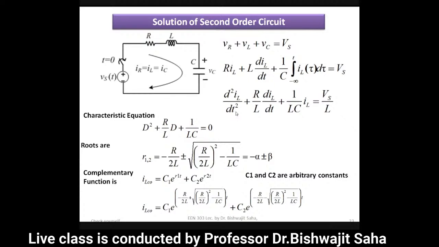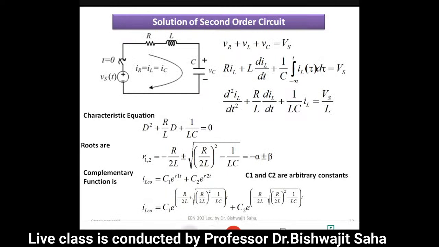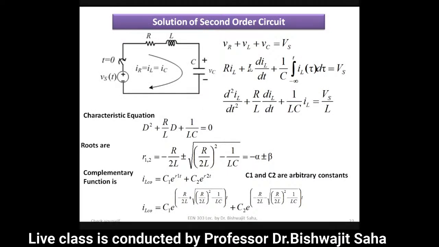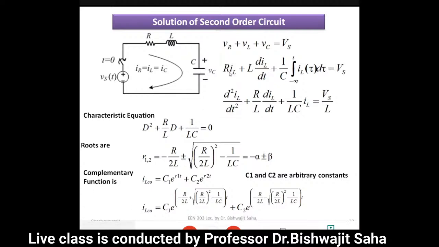Okay, so L dIL by dt, if we do the derivation once again, then it becomes d square IL by dt square, isn't it? Yes. And R IL becomes R dIL by dt.